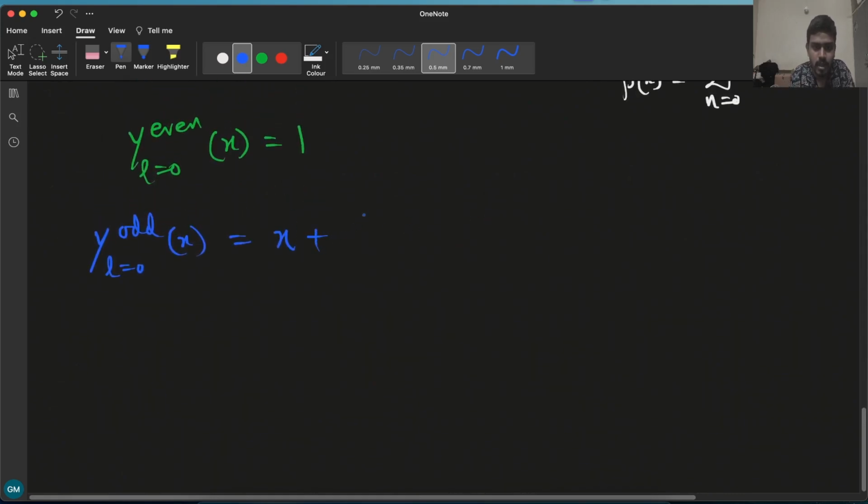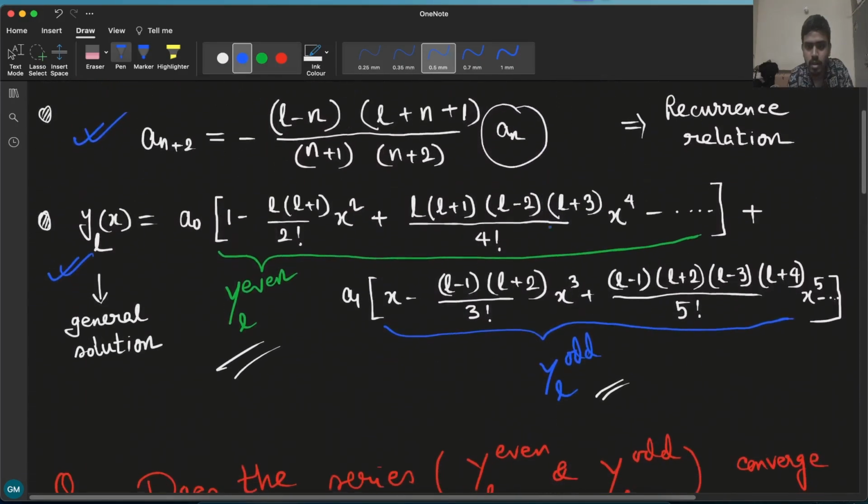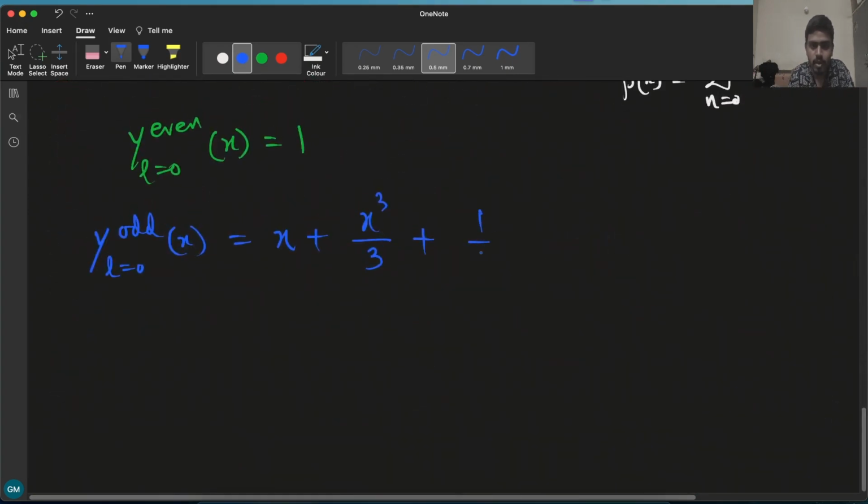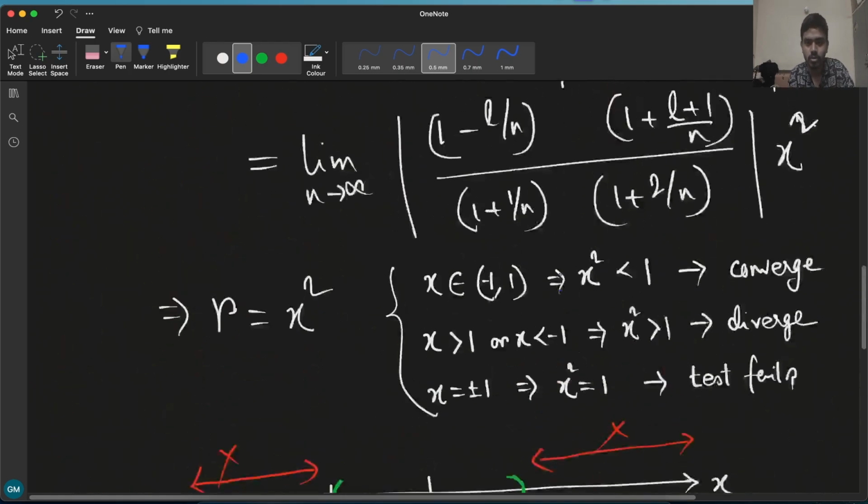It is plus x cube divided by 3, plus again if I put L equals to 0, there is a minus 1 here, there is a minus 3 here, so minus times minus is plus. And then it is 1 times 2 times 3 times 4, which is 4 factorial divided by 5 factorial. That means it is 1 by 5, times x to the power 5, plus, if you can follow the pattern, x to the power 7 by 7 plus dot dot dot. So this is the odd series for L equals to 0, right?